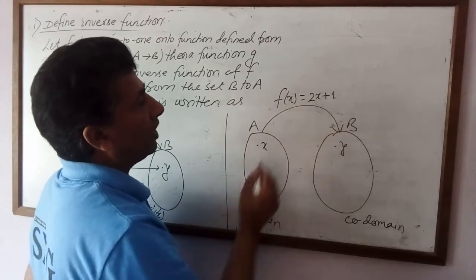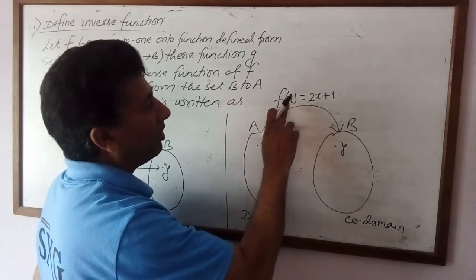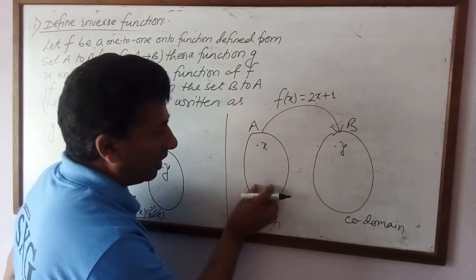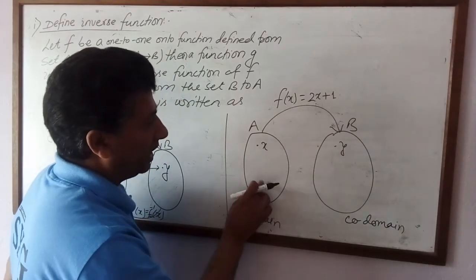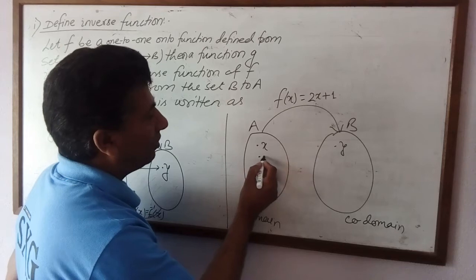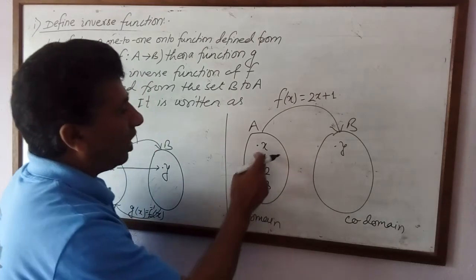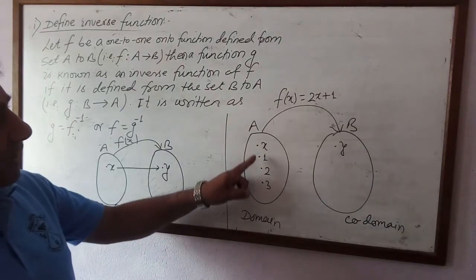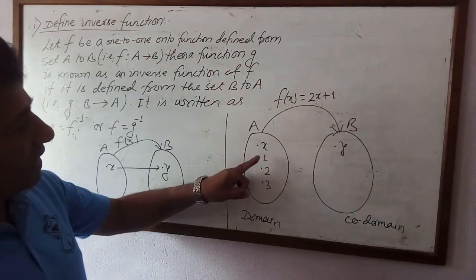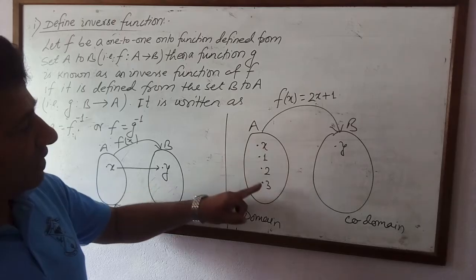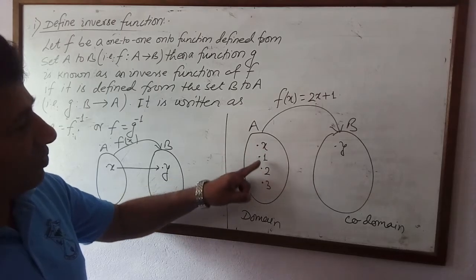Now, from here what do we have to understand? When we write the value of x, x means all the elements of domain set A. I'll take a few examples: 1, 2, 3. These are three elements of the domain I have taken. X means this one is also x, 2 is also x, 3 is also x. This x represents 1, 2, 3.